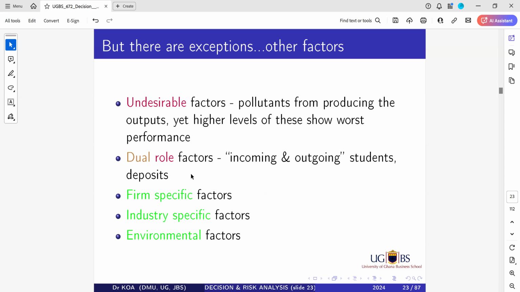There are also undesirable outputs and undesirable inputs. For example, a dustbin. When you look at the house, in the preparation of food, you produce a good output, which is the food.